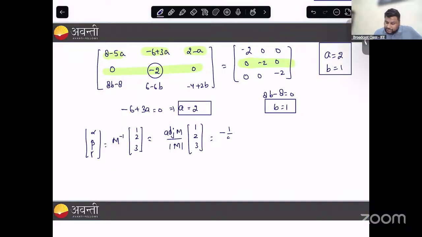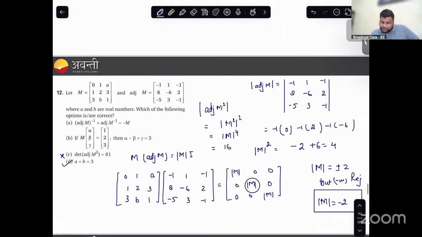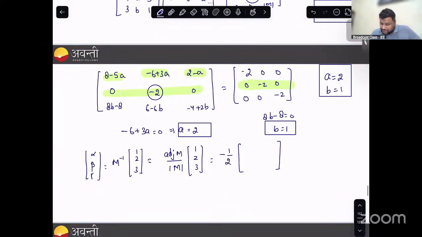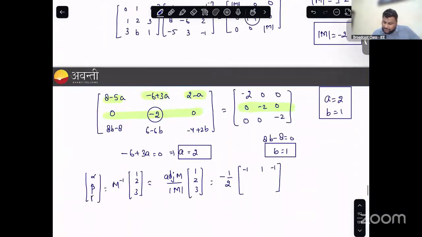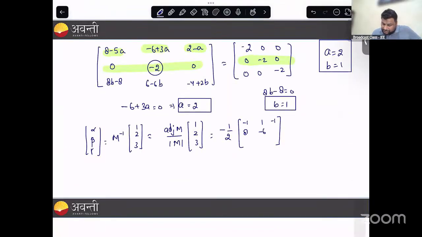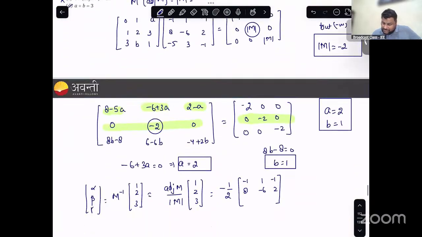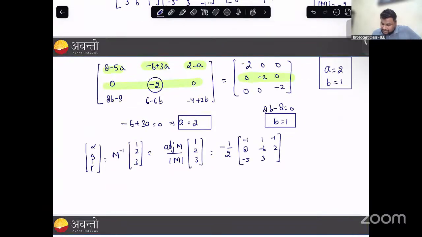So minus 1 by 2. Adjoint of M is minus 1, 1, minus 1; 8, minus 6, 2; minus 5, 3, 1. This is what I have.